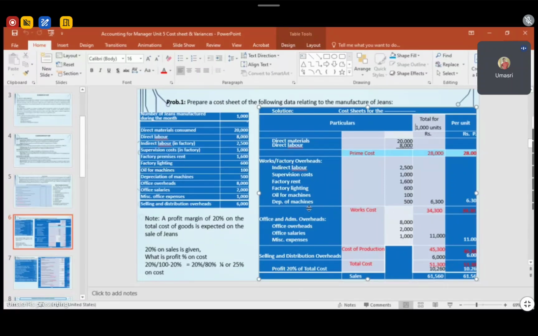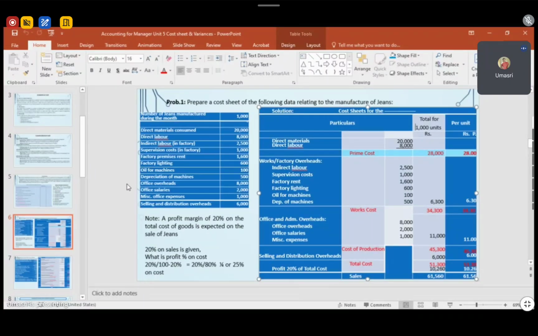Depreciation on machinery is treated as an expenditure. So prime cost plus factory expenditure, if you are adding, that is called works cost, right? So works cost is 34,300 divided by 1,000 units. So per unit, 34.30.